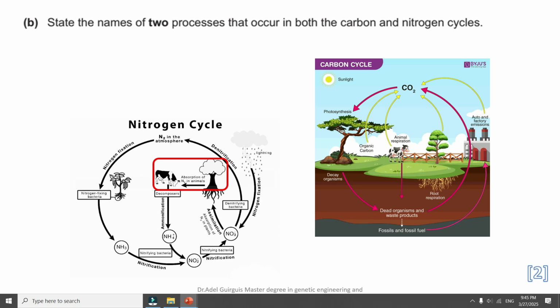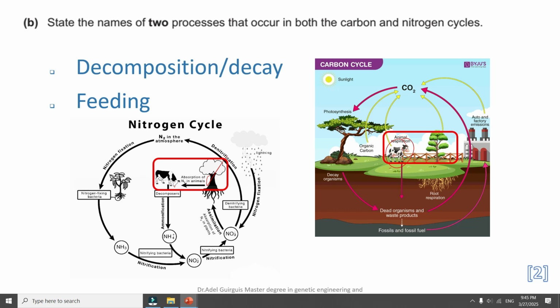Here, when animals feed upon plants, like a cow or herbivore feeding on grasses or tree leaves. Look also here, this feeding, this shared process. What else? The decomposition also. Animals and plants, after death, all their remains and waste decompose by bacteria or fungi to form ammonia here and here also.